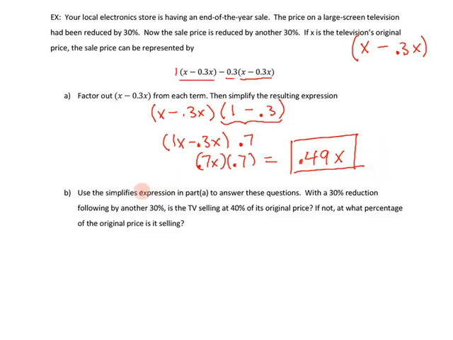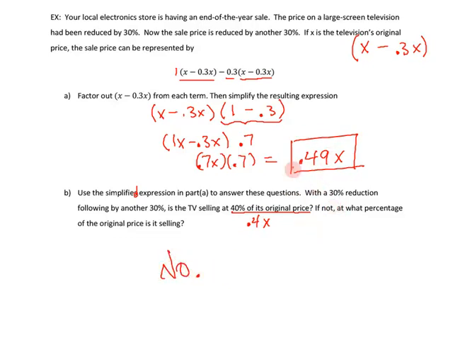Now, if we use the simplified expression from Part A, we can answer the following question. With a 30% reduction followed by another 30%, is the TV selling at 40% of its original price? 40% would be 0.4 of X. Is that what it's selling for? And it's not, right? No. What is it selling for?